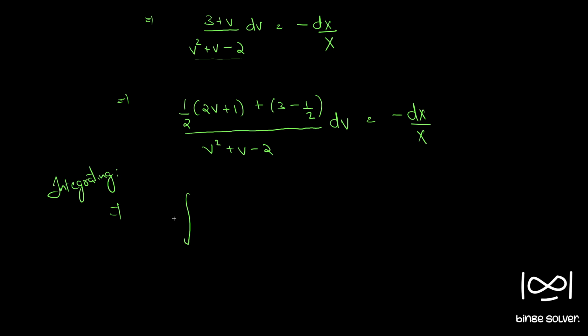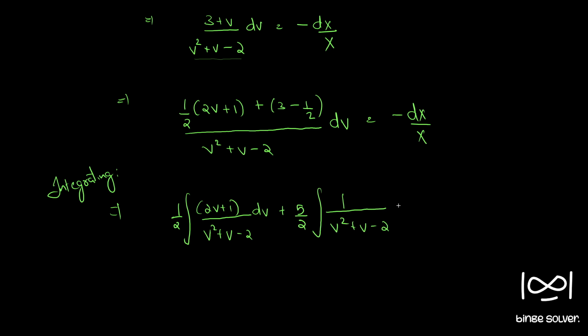Integral of 1 by 2 times (2v plus 1) by (v square plus v minus 2) dv. So 3 minus 1 by 2 is 5 by 2. So plus 5 by 2 integral of 1 by (v square plus v minus 2) dv equal to minus integral dx by x.